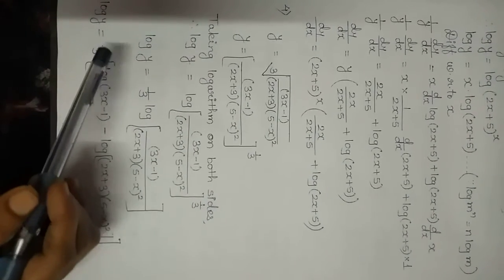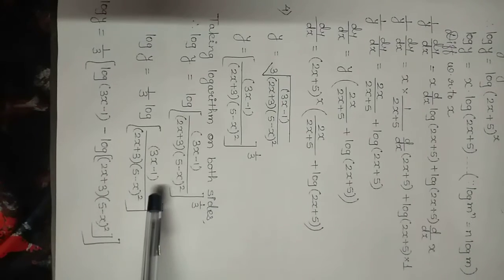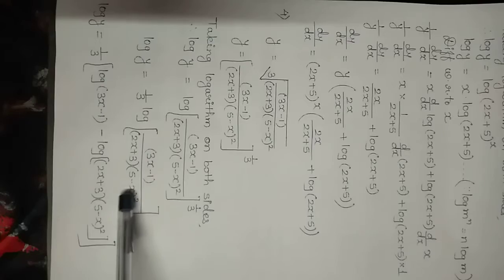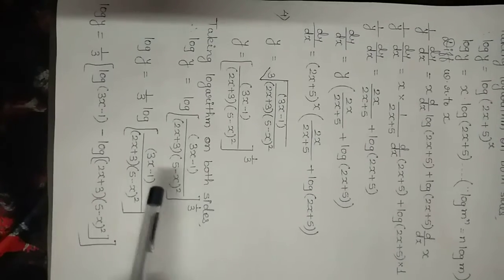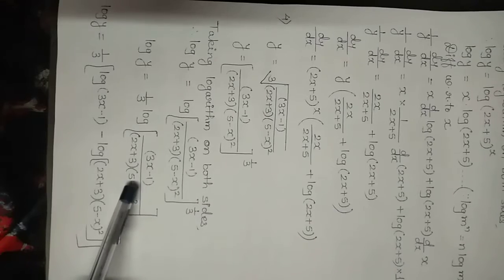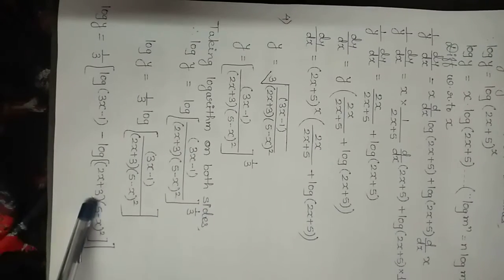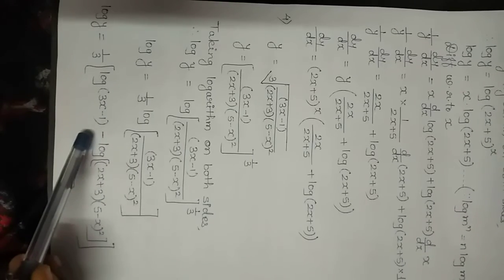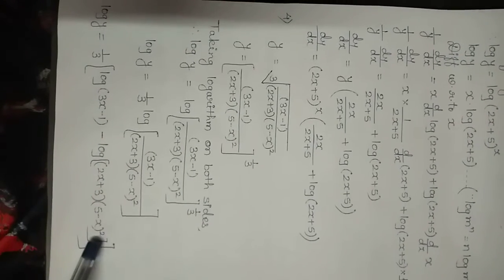Now we know the law of quotient, that when the terms are given in division format, we can write that as subtraction. Means log a by b we can write as log a minus log b. So here also we will write log of 3x minus 1 minus log of these two terms.